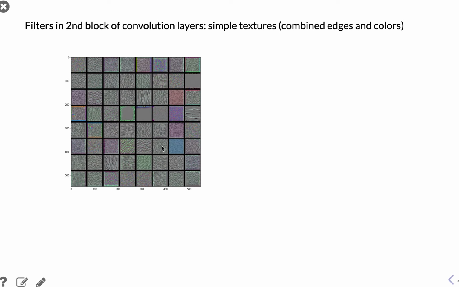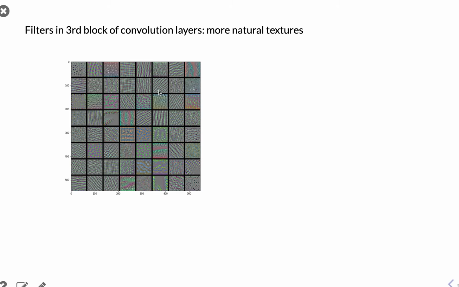This could be like a skin or something else, right? If you look at the third block here, we have more natural textures already. So maybe these are wavy lines. These look like holes. Right, so we can see more and more patterns that kind of resonate with us.